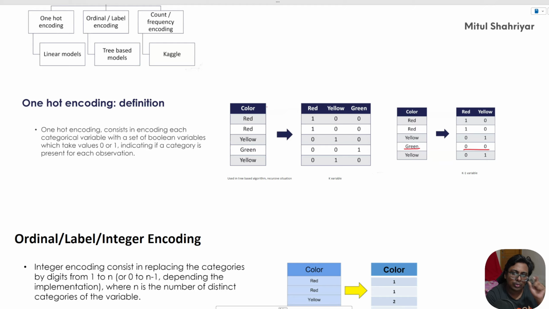This color column has this 1, 2, 3, 4, 5 data, and all of these are red, yellow, green, so these are strings, right? These are not numerical things.